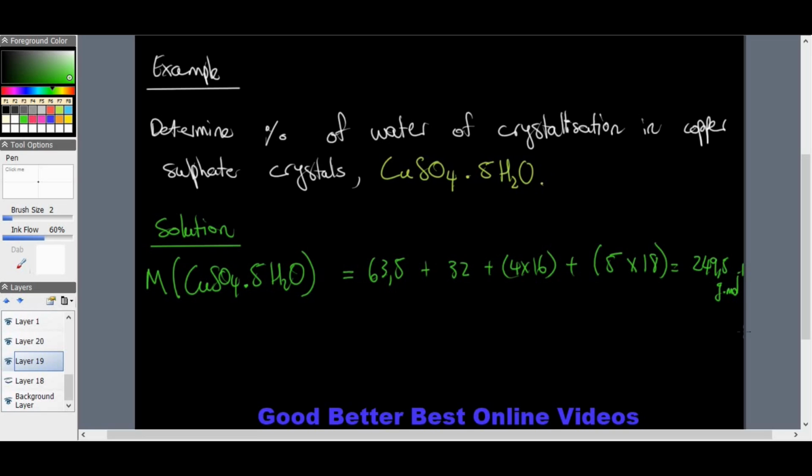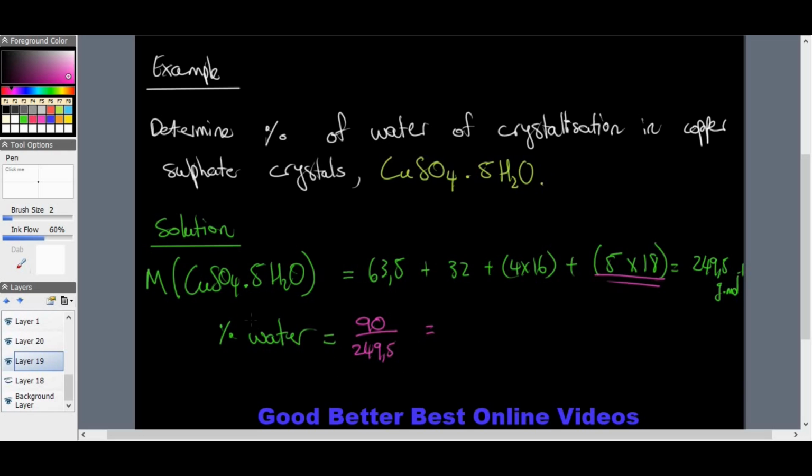Hope you can all see that there. Now we want to find the percentage of water. We don't have to write the word, we can use the symbol. The percentage of water of crystallization would be 5 times 18, which is 90, divided by the total, which is 249.5.